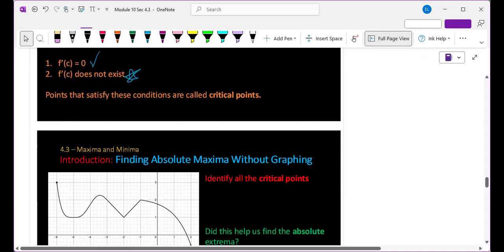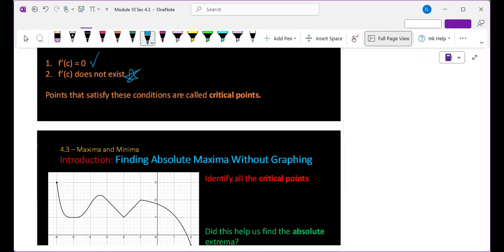Critical points are wherever the derivative is 0 or wherever the derivative doesn't exist, which graphically typically means corner points or an asymptote.